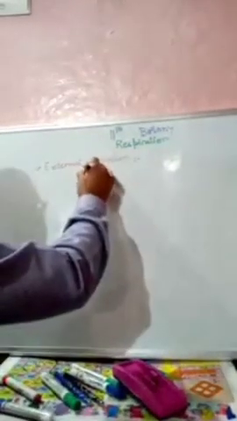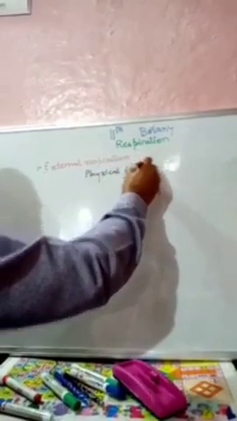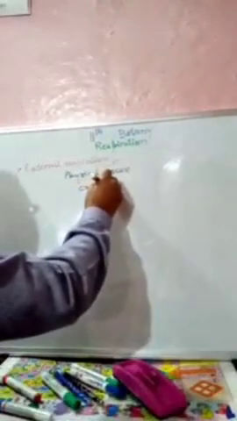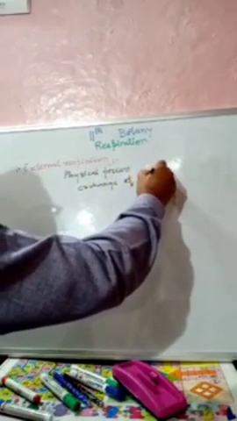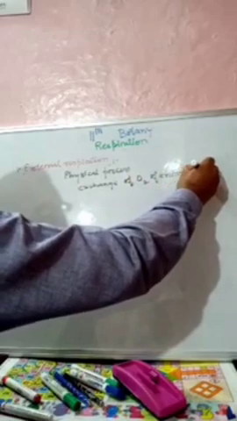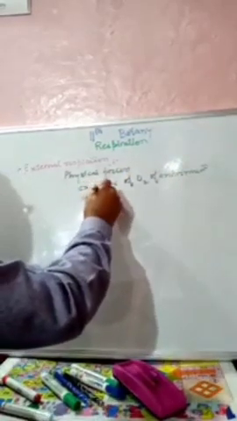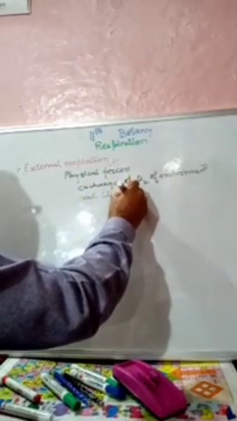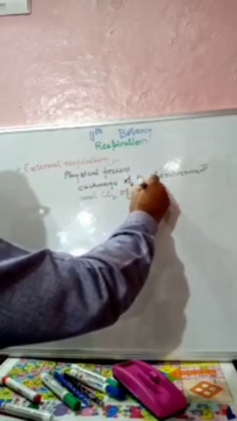It is a physical process which involves exchange of gases, exchange of oxygen of the environment and carbon dioxide of the body, carbon dioxide of the blood.